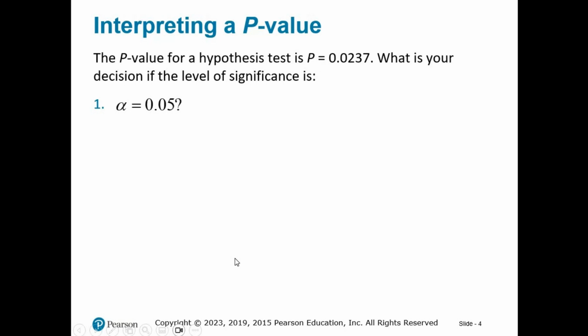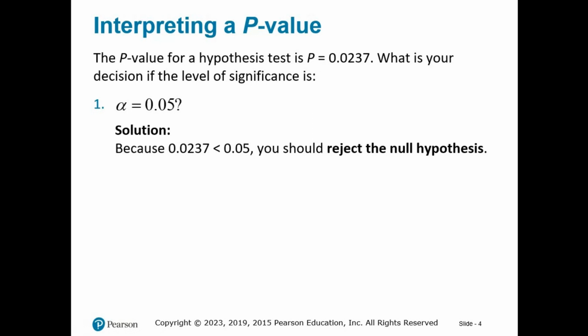So what you ask is, is 0.0237 less than 0.05? Yes, it is less than 0.05. So what do we do in this case? We reject the null hypothesis. Remember, the evidence is strong enough for us to do that when it is lower than or equal to the level of significance.